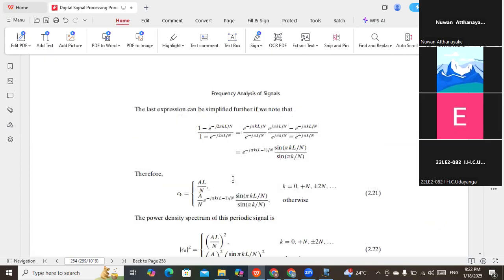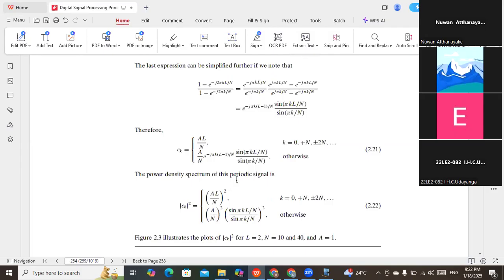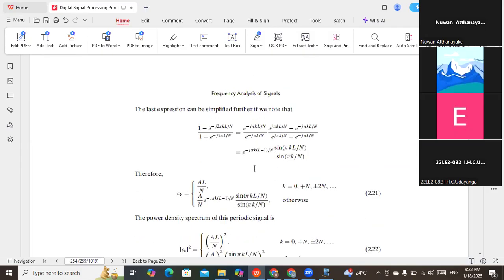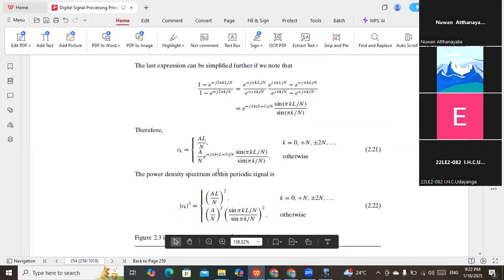So using those identities, you can easily represent this. Will you be able to get these answers? And maybe I forgot to tell you there is one more thing.